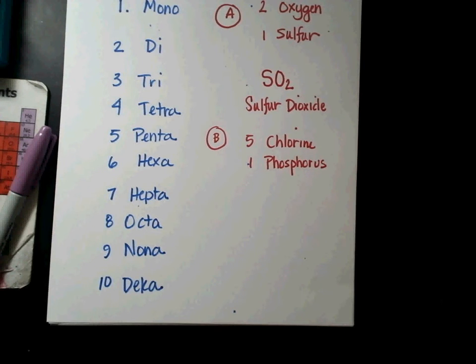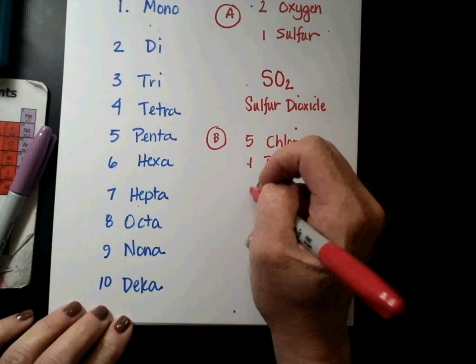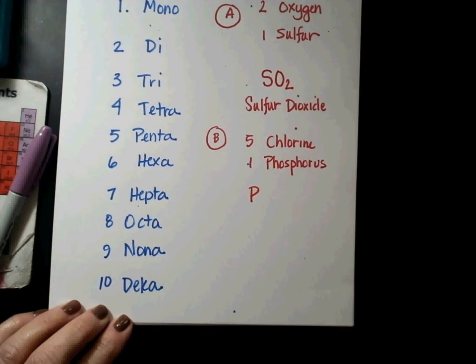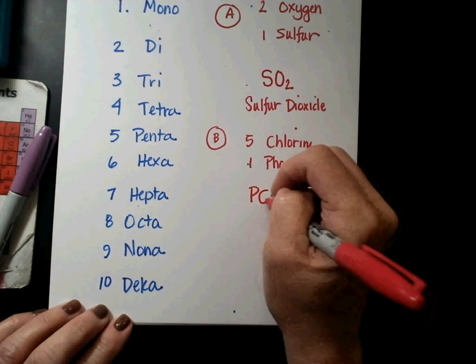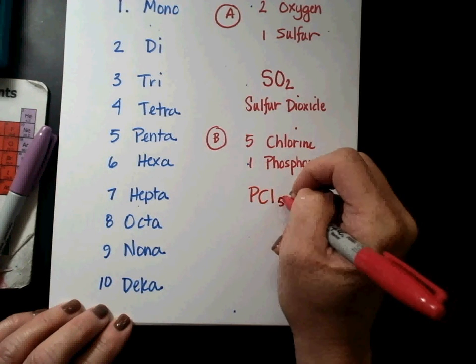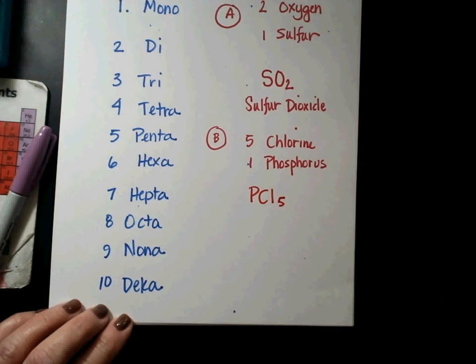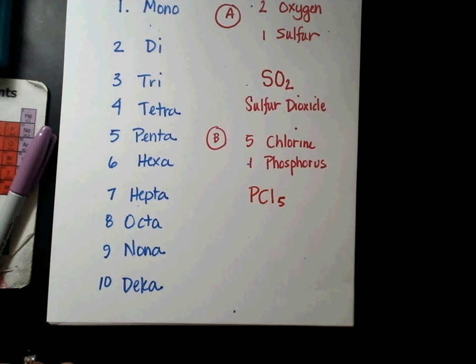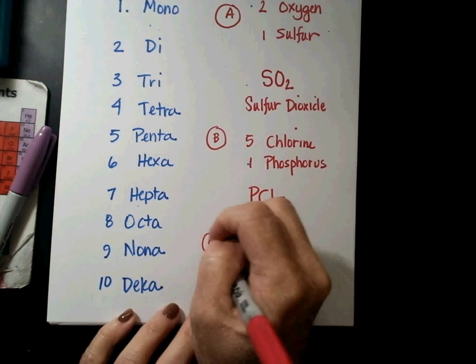Got it? You think you got it? Kale, which one do I write first? Okay, phosphorus. And I only have one, so I just put P, which means my Cl has to be second with a 5 after it. Kaylee, how did you name that? Yep, phosphorus pentachloride, okay?